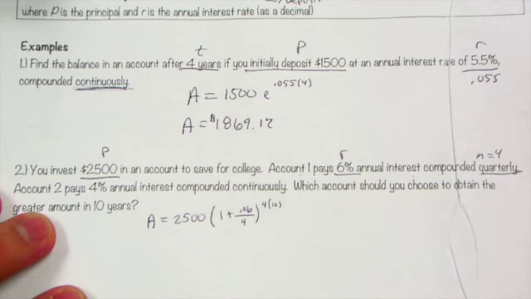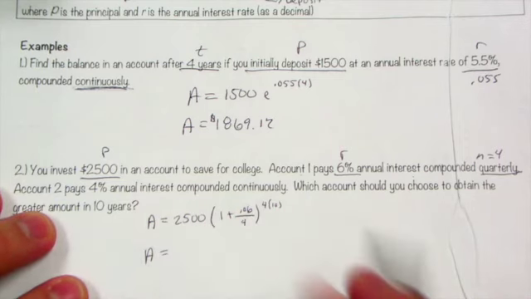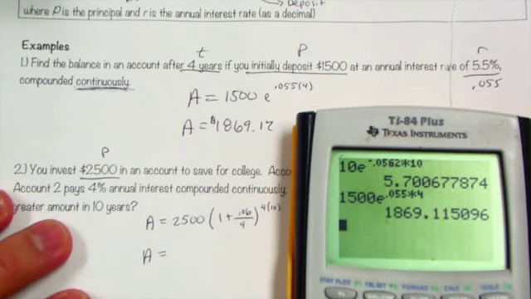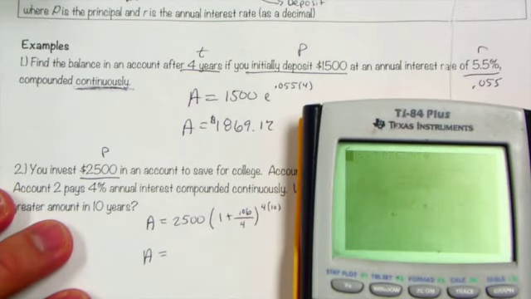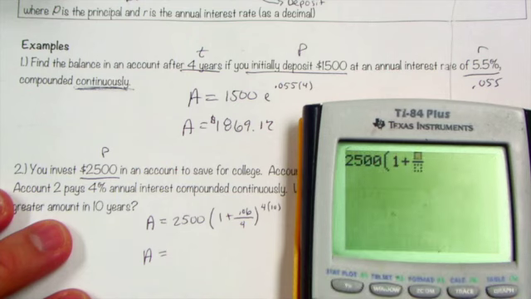Okay. So again, I don't remember if I did this in the last video, but you can actually put that entire thing in your graphing calculator, especially if you have one of the newer operating systems. It makes it real simple. So I can do 2,500 parenthesis 1 plus alpha y equals, for my fraction, 0.06 over 4.